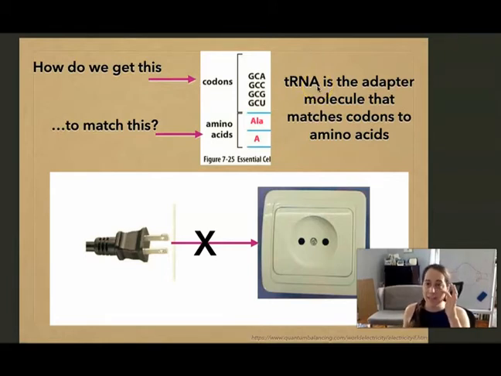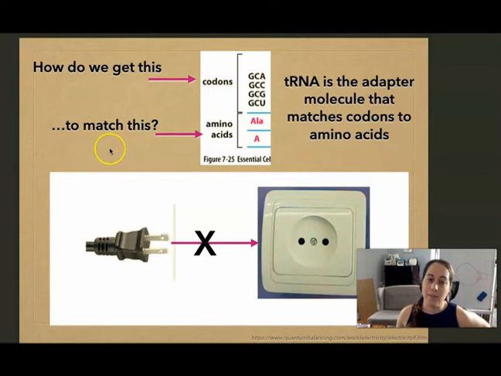And transfer RNA in your textbook is referred to as an adapter. And I think that's really appropriate. I think that's an excellent description of tRNA because it interfaces with 2 different systems of language or systems of information, basically.